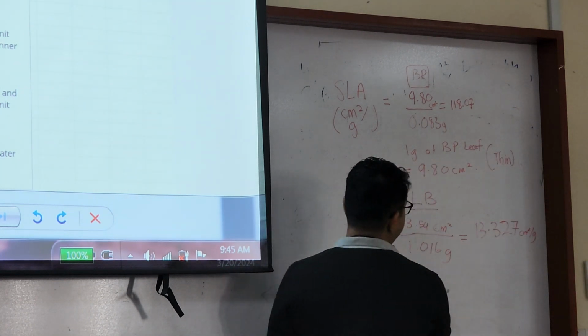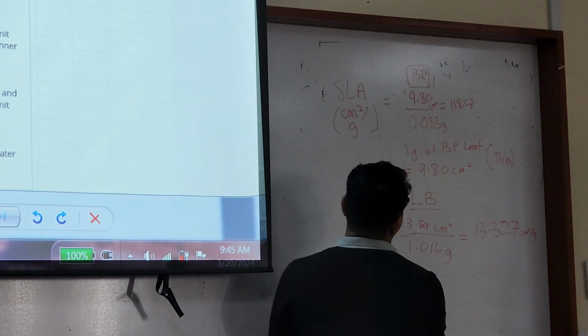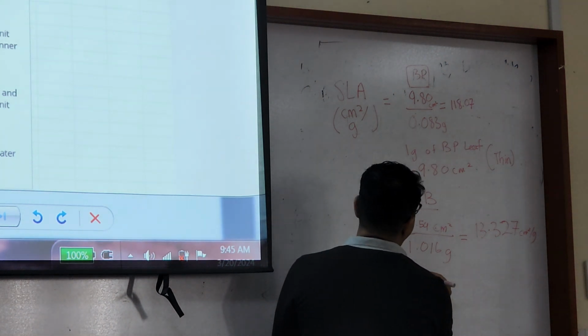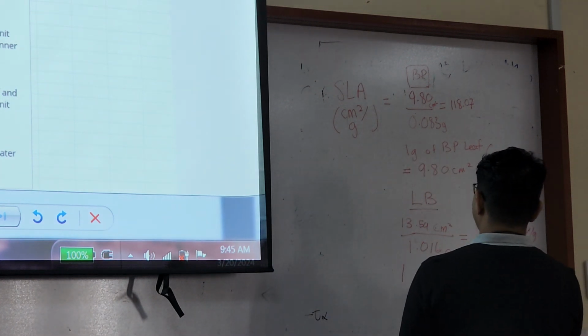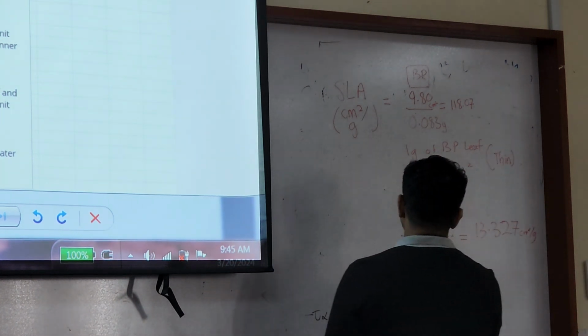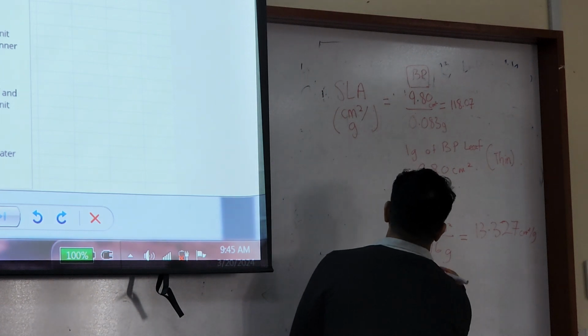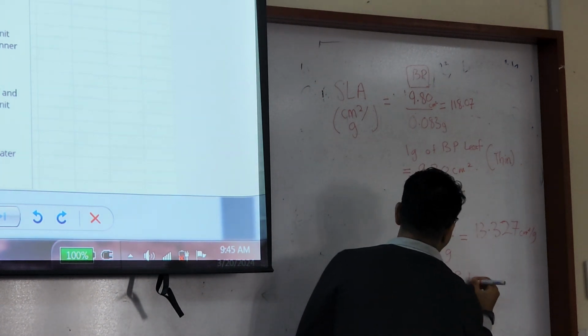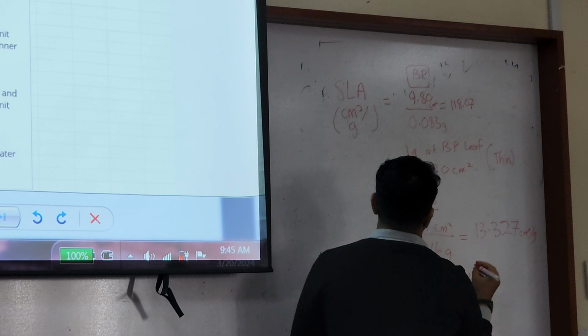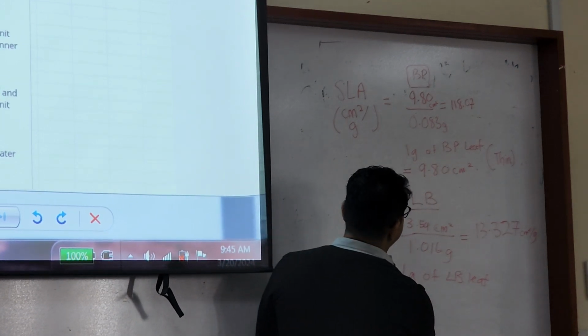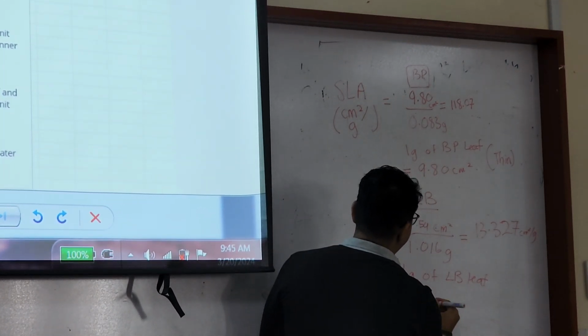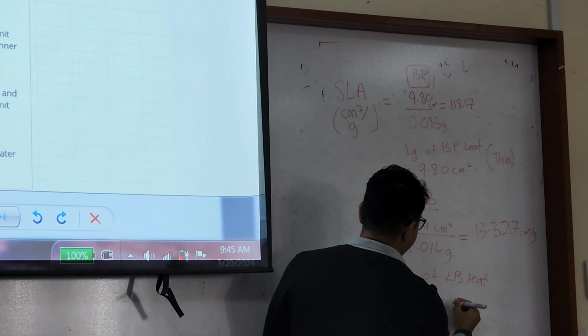Okay. So meaning that for every 1 gram, is it? Betul lah. For every 1 gram of lemon balm leaf, you only get 13.33.